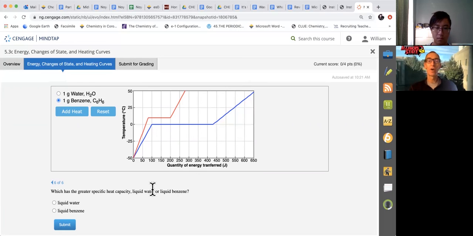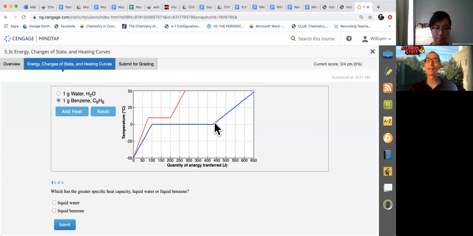So we got liquid water versus liquid benzene. To get water from 0 to 50, we decided it was 230 or so, right? To get benzene from apparently 5.5 to 50, it's about 75 or so.